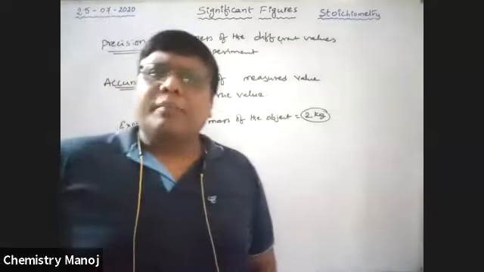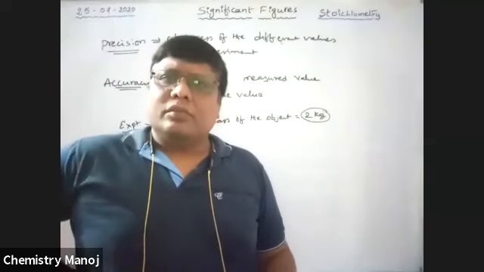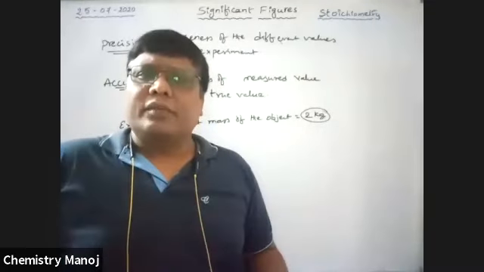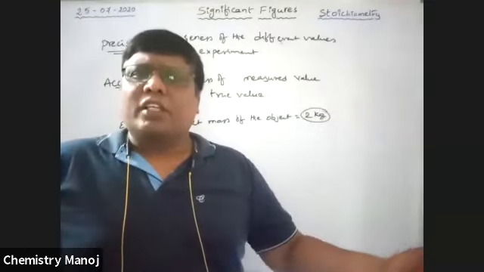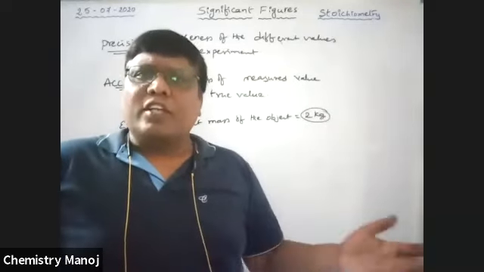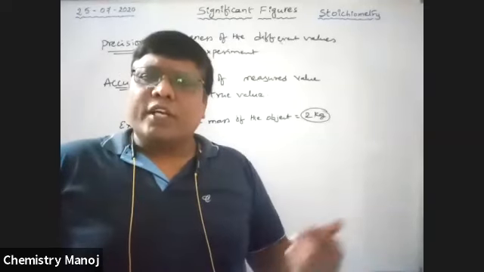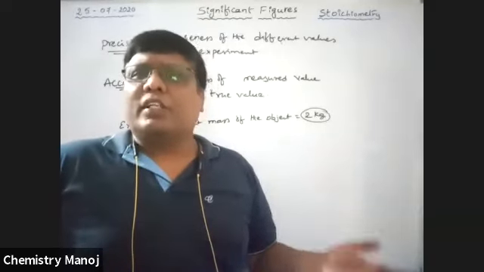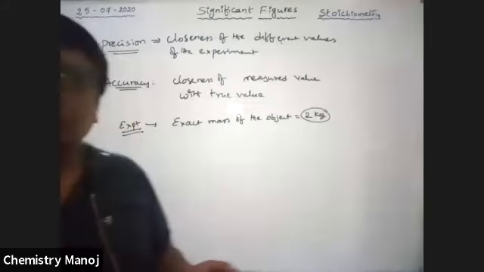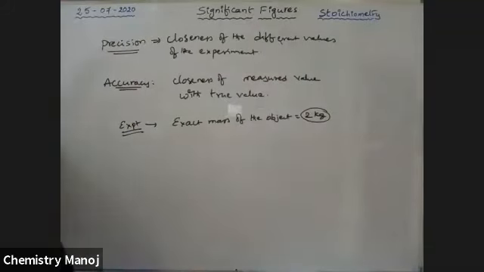So I bring two students from our classroom. Please measure the weight of the same object. Student 1, student 2, they are trying to measure the value. So they give some experimental values. See here what they give.